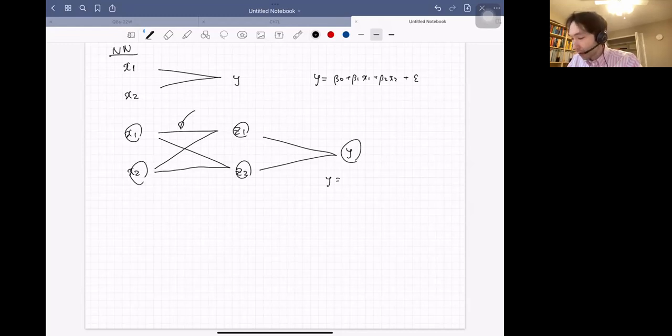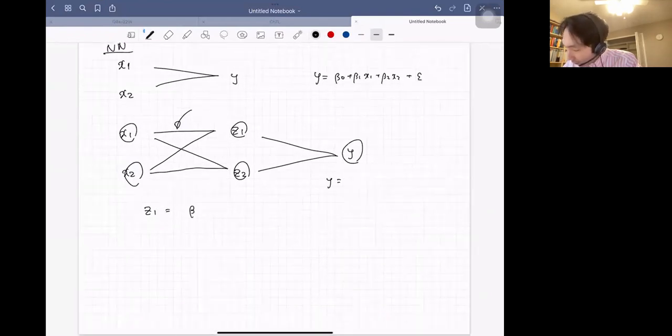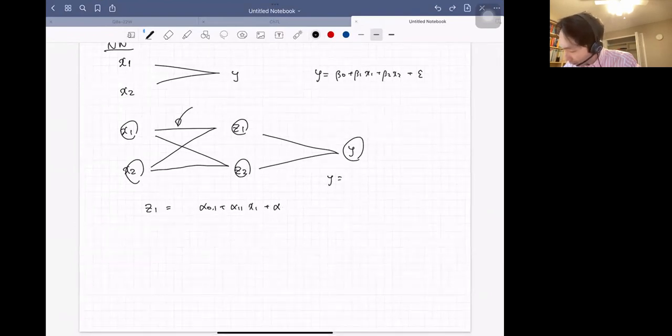So think about the case that z1 is equal to, suppose, alpha naught plus alpha 1, 1 x1 plus alpha 2, 1 x2. And Z2 is similar, but we have some transformation here.